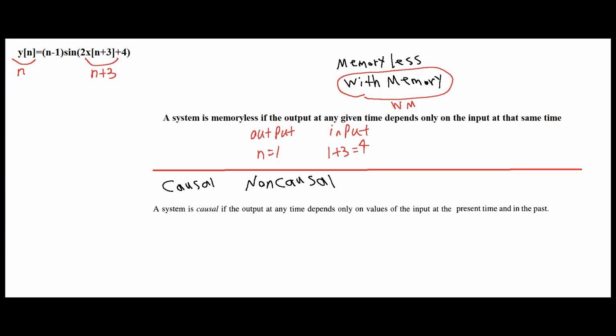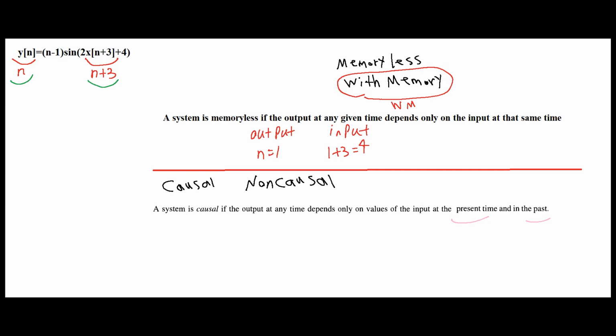The next property we examine is whether the system is causal or non-causal. According to the definition, a system is causal if the output at any time depends only on the input up to that time, meaning present or past values. If you look at this system, the output at time n depends on the input at n plus 3, which is a future value.